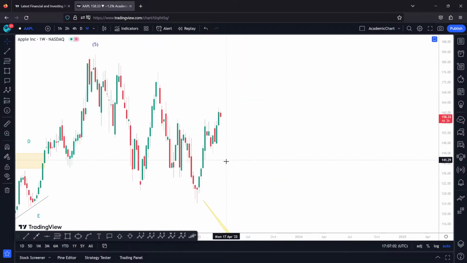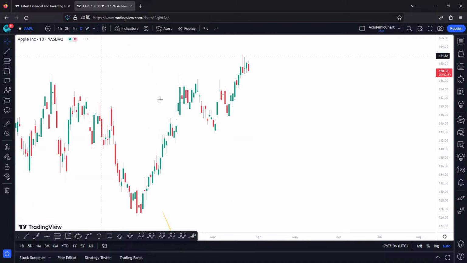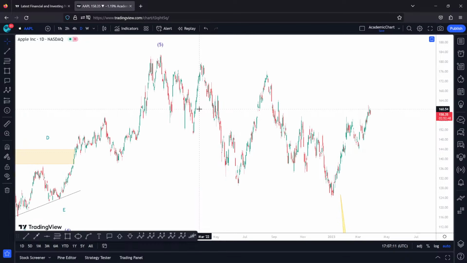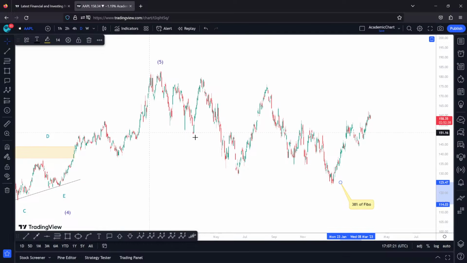So what I would like to do now is jump into the daily view to have a closer look at these corrective structures. It seems not to be very sharp, as it was 38 percent, and also it has lasted so long. It's been continuing this almost ranging market for so long.